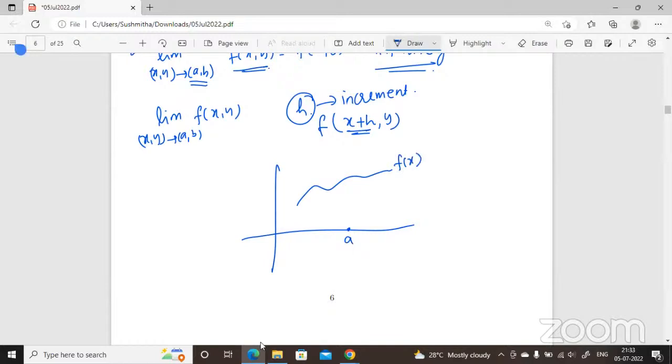What I am actually doing is going closer and closer to A from both possible directions.